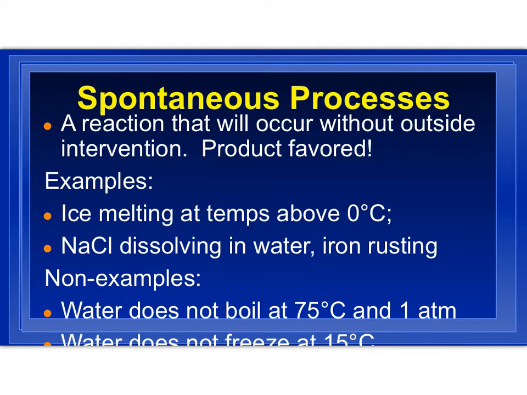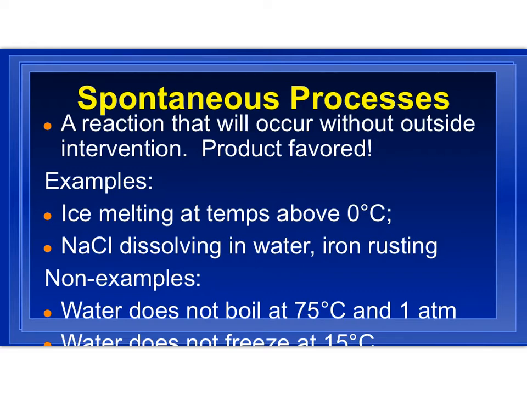So if you were to put a piece of ice on the table and it was above 0 degrees Celsius, the ice would melt without you having to help it out. It is the same idea when we add sodium chloride into water or when iron rusts. We don't necessarily have to do anything to get that reaction to occur. It will happen on its own over time.